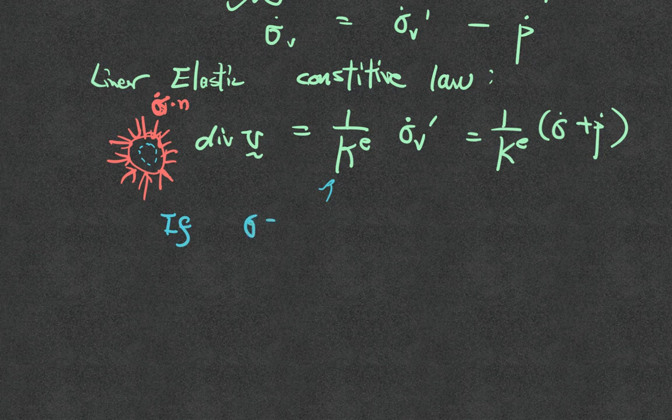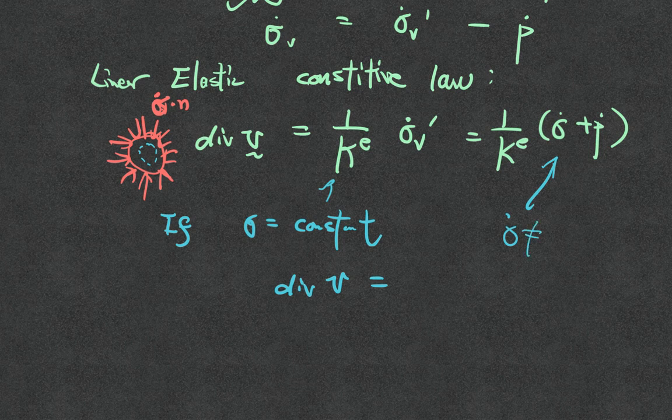Now, what happens if sigma is constant? If the stress is constant throughout the space, what would happen? What would the divergence of the velocity equal? This term would cancel out, so that one would go from not equal to 0 to become 0.